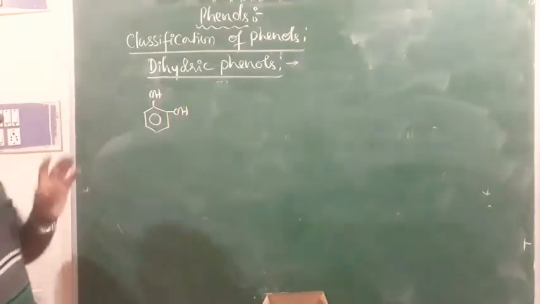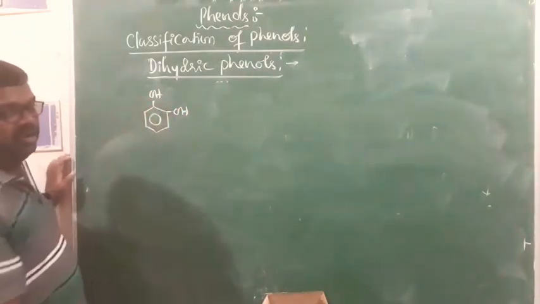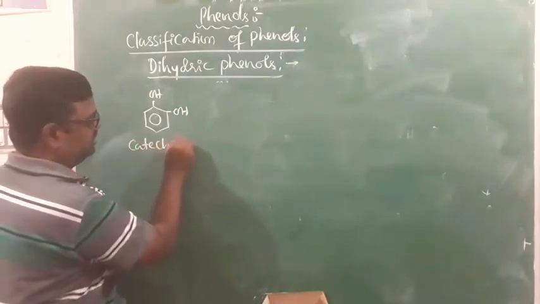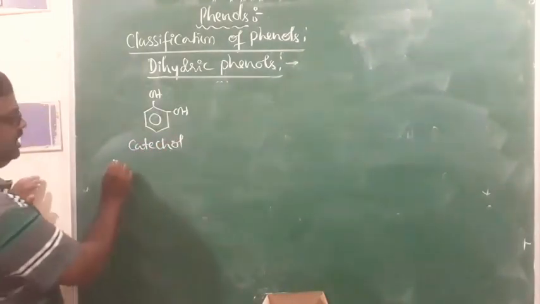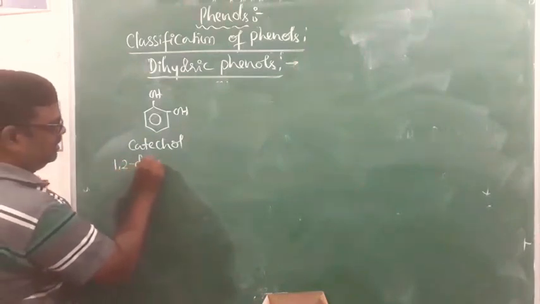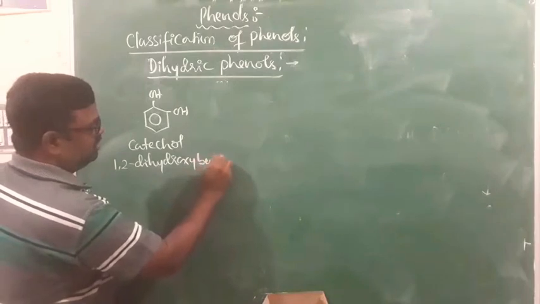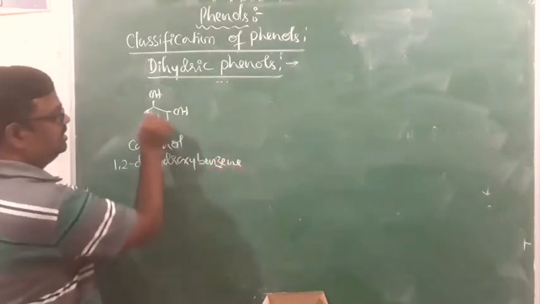Look at this. These two OH groups are at the ortho position to each other, and it is called catechol in the common system. Or you can say it is 1,2-dihydroxybenzene. This is 1, this is 2.